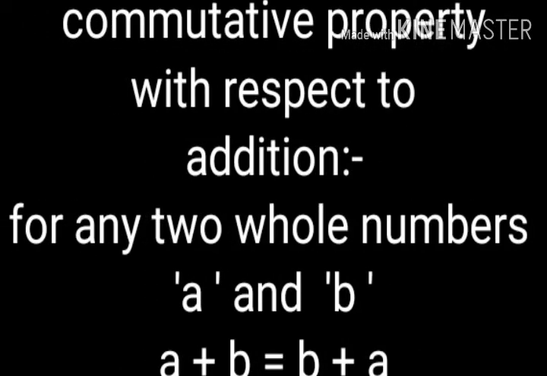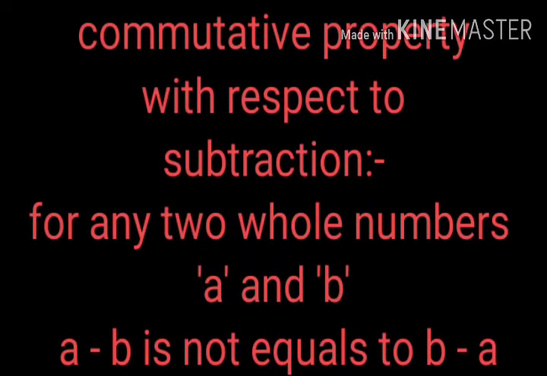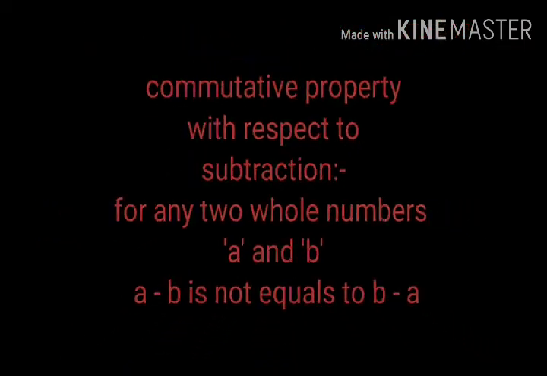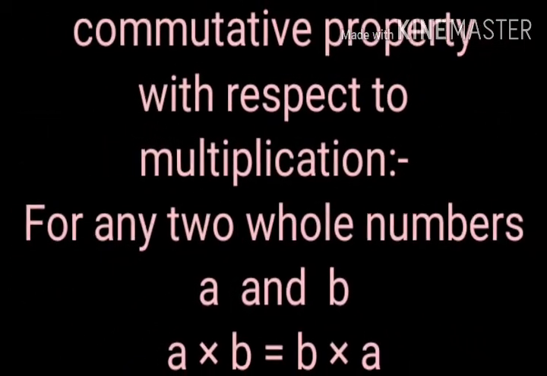Commutative property with respect to addition. For any two whole numbers a and b, a plus b equals b plus a, because this is the commutative law. Next one is commutative property with respect to subtraction. For any two whole numbers a and b, a minus b is not equal to b minus a, because the result is getting positive and negative.